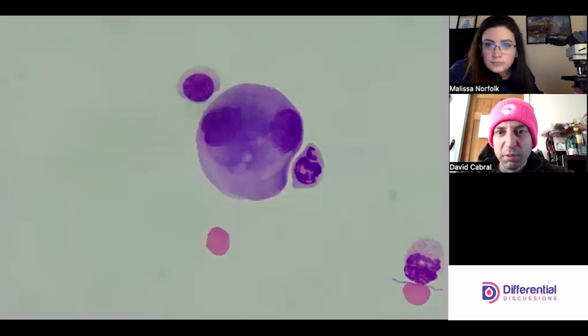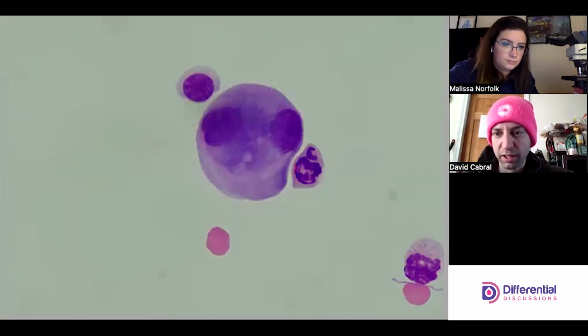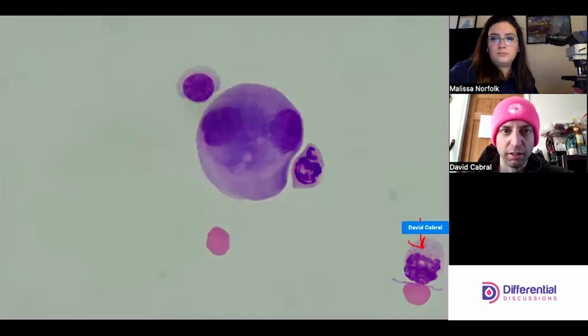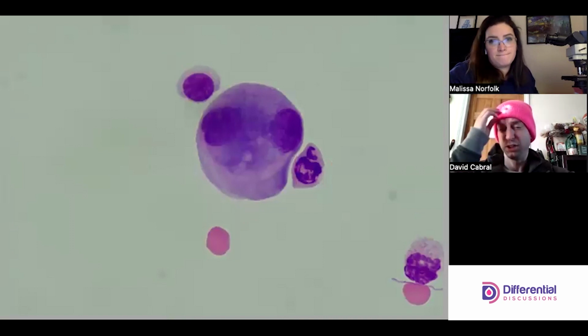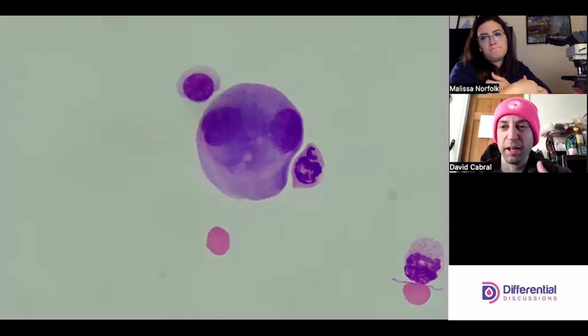Some kind of a pyknotic cell, so tough to tell origin on something like that. I'm thinking a mono down in the corner there, and then maybe a lymph up here. And then we'll focus on this big fella here. Being multinucleated in the source, my initial guess is mesothelial cell.